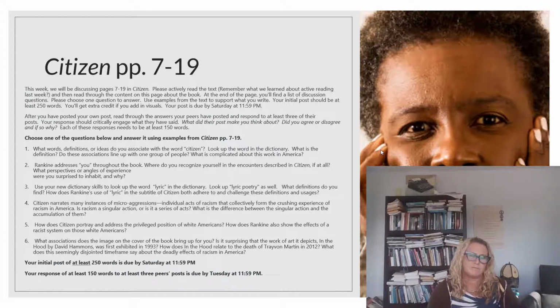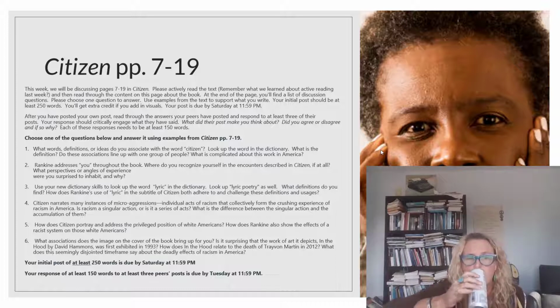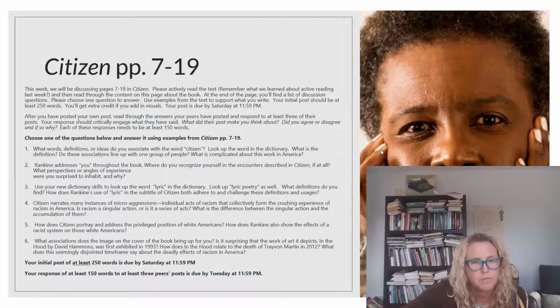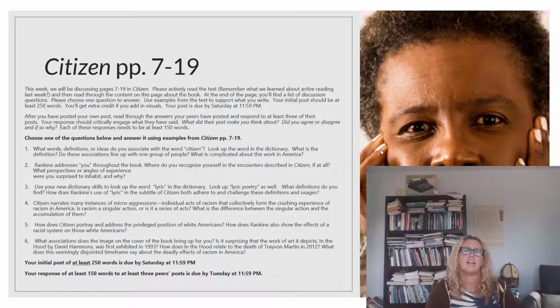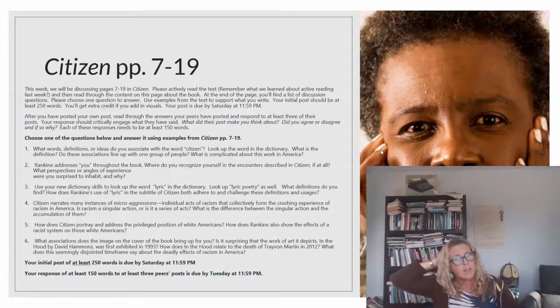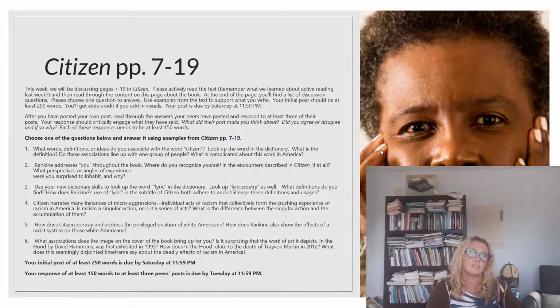All right, number 5. How does Citizen portray and address the privileged position of white Americans? How does Rankine also show the effects of a racist system on those white Americans? Number 6: What associations does the image on the cover of the book bring up for you?